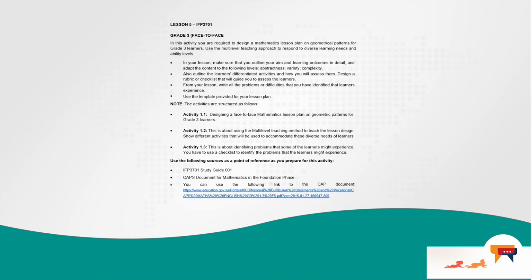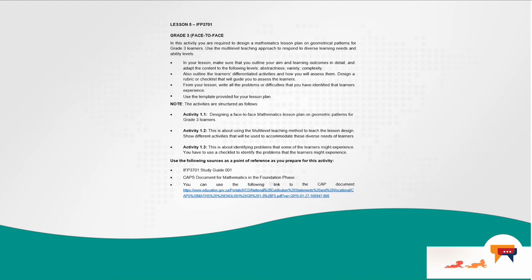In your lesson, make sure that you outline your aim and learning outcomes in detail and adapt the content to the following levels: abstractness, variety, competency, complexity, okay? Also outline the differentiated activities and how you will assess them.